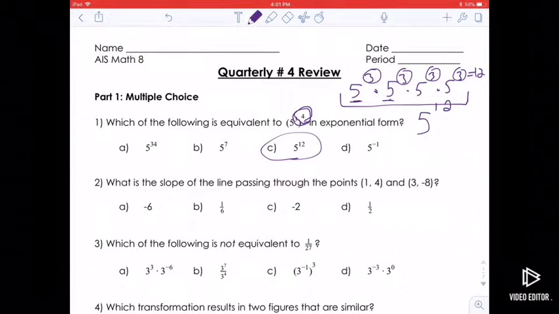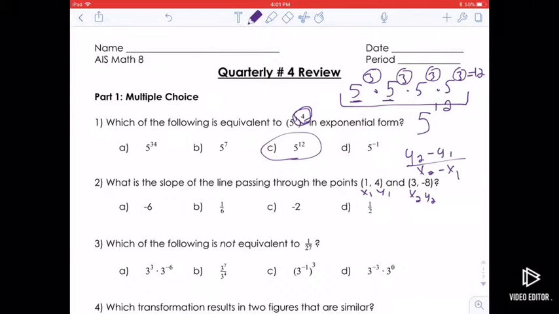What is the slope of the line passing through the points (1, 4) and (3, negative 8)? If you recall the slope formula, y2 minus y1 over x2 minus x1, I would label these points as x1, y1, x2, y2.